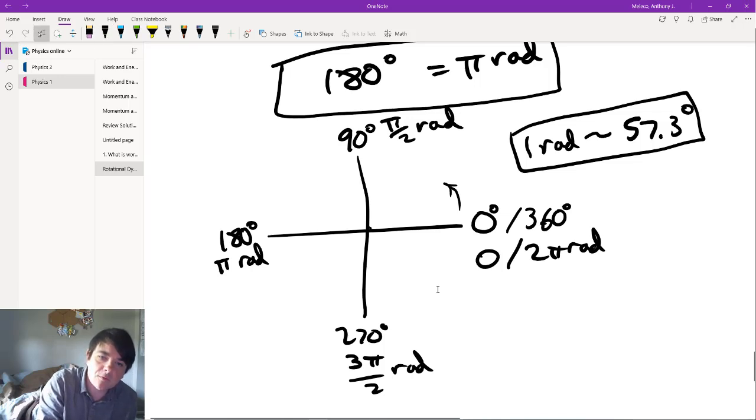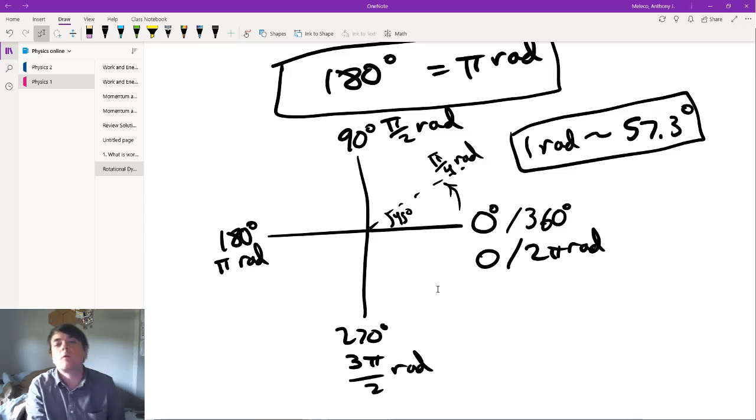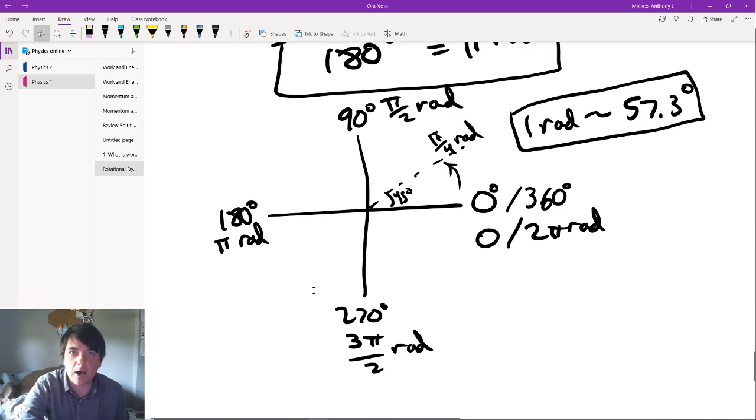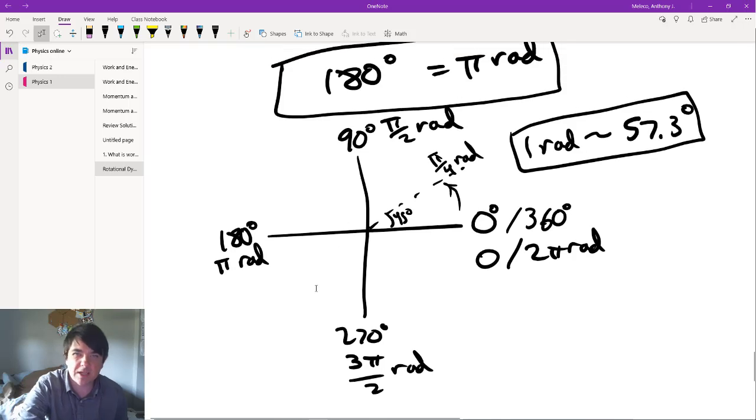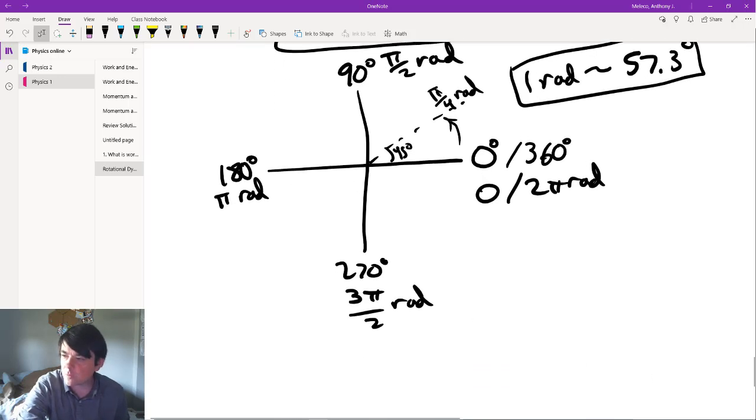Another popular one to define is 45 degrees, and that would be pi over 4 radians. Okay. These are the ones that you probably want to at least think about, not necessarily memorizing, but getting familiar with, as it will make your math a lot easier.